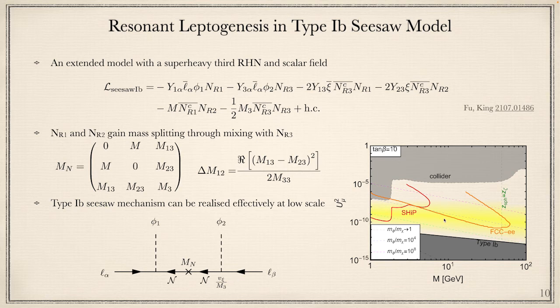And in the figure on the right, we show the result. For leptogenesis, the region for correct leptogenesis will be produced in the region shadowed with yellow.